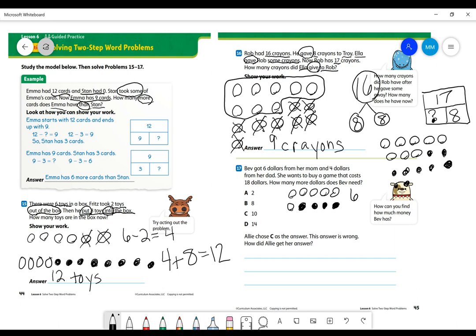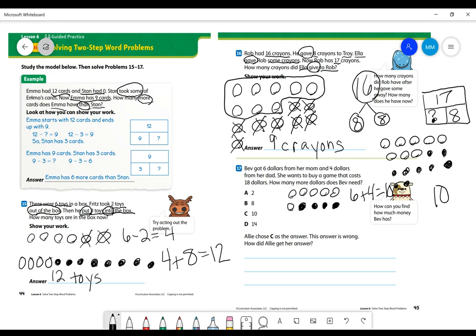And her dad gave her $4. So if I put those together, am I adding or subtracting? I'm adding, right? How many dollars does Bev have all together for the first step? She has $10.